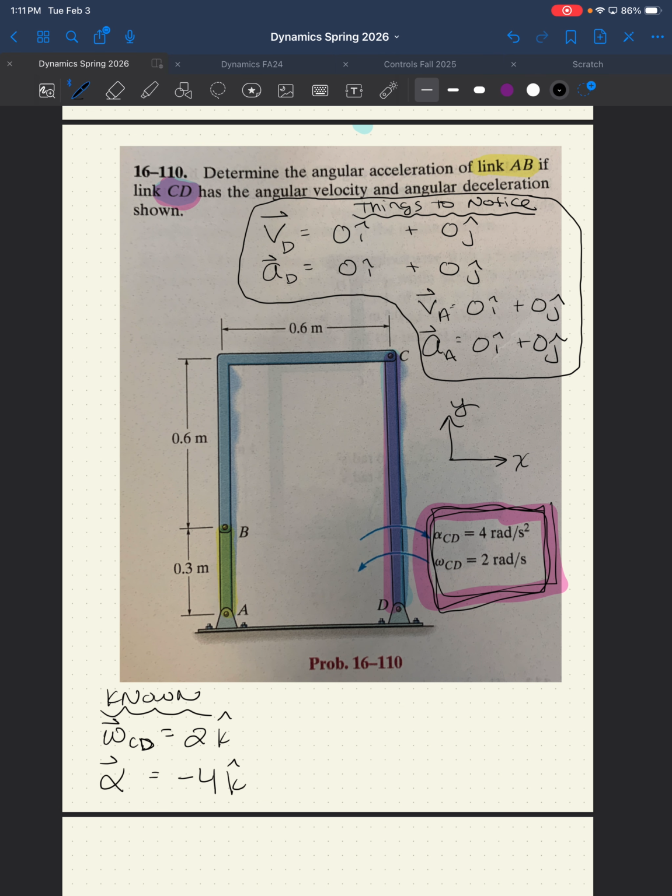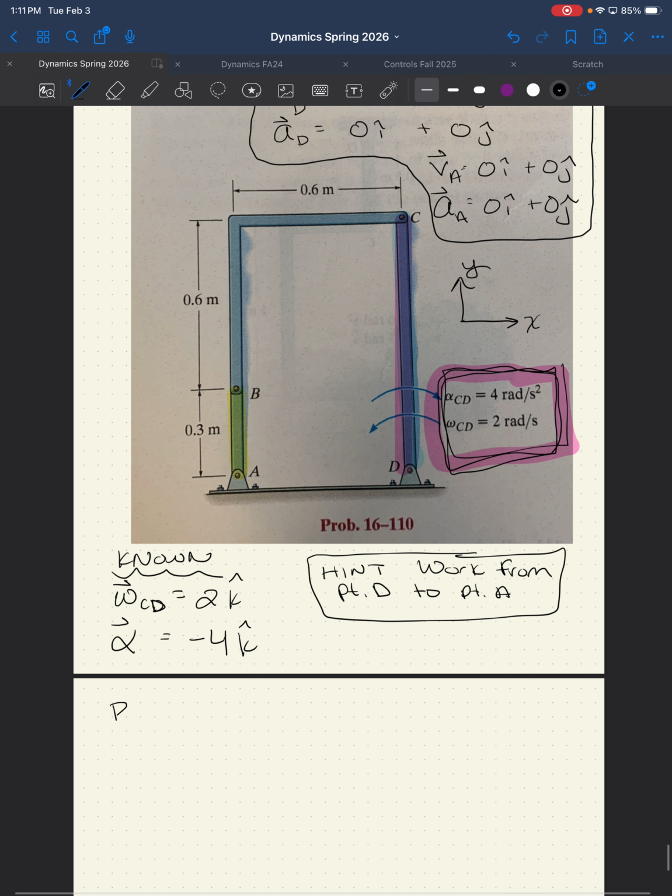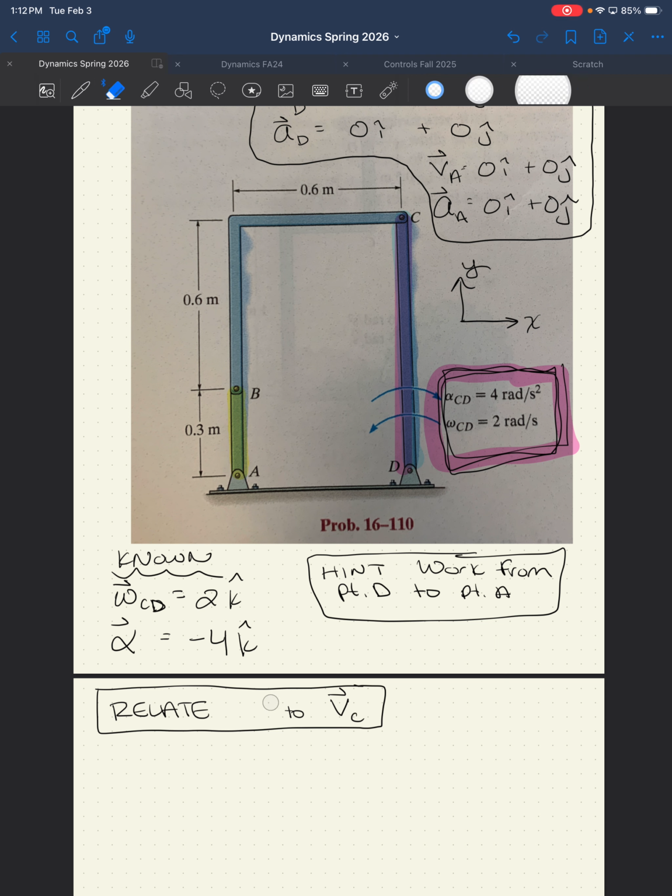Okay, I'm going to give you a quick hint. My hint is that I want to work from point D to point A, and the first thing that I will do is relate the velocity of point D to the velocity of point C. Actually, I'm going to write that a little bit more broadly.